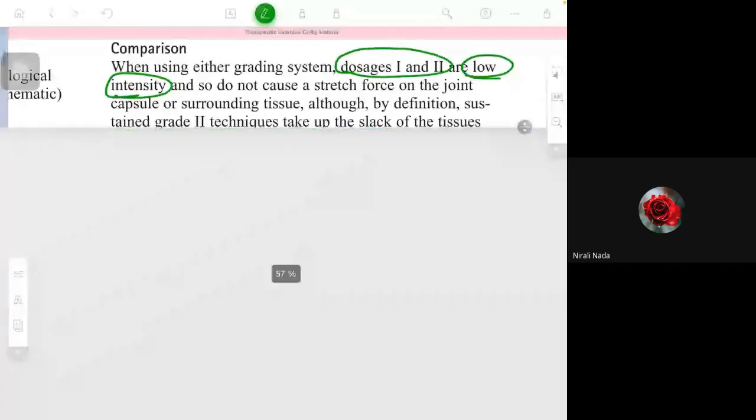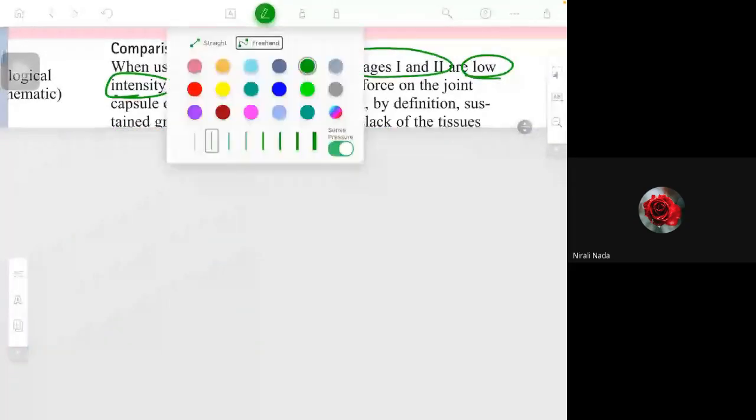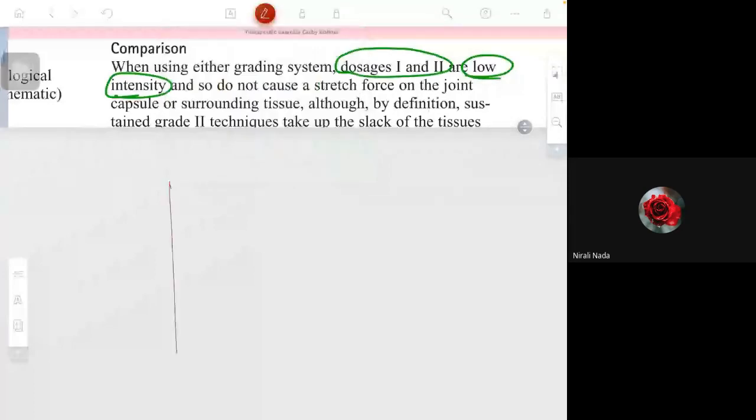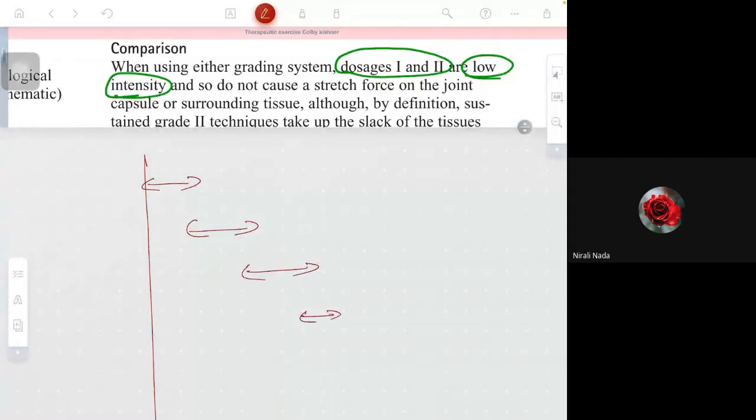I'll finish in 5 minutes. I'll make it here. One, two, three, four. First, I'll make a line here.